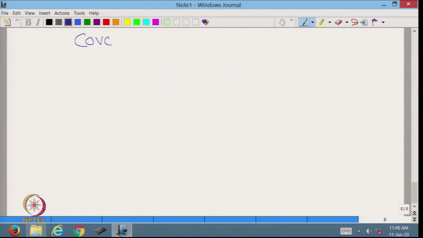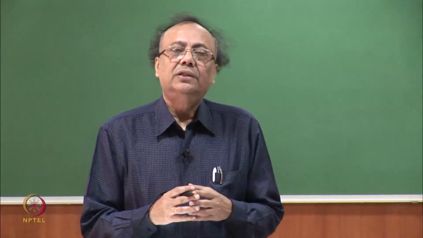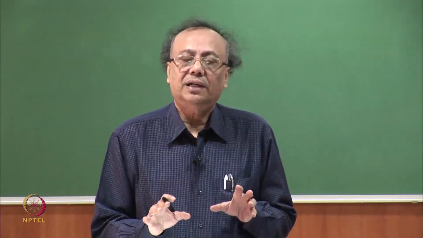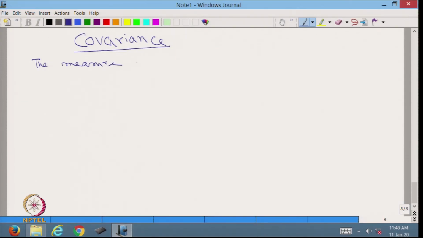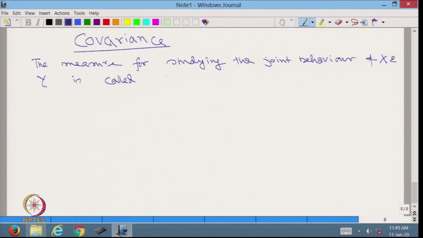Concept of covariance. As I said in the last class, we are often interested to see how x and y are behaving together, and the measure for studying the joint behavior of x and y is called the covariance of x and y.